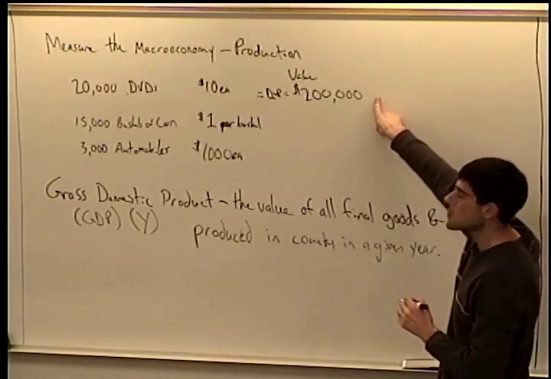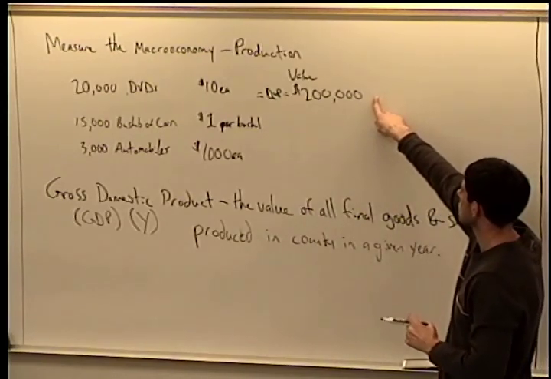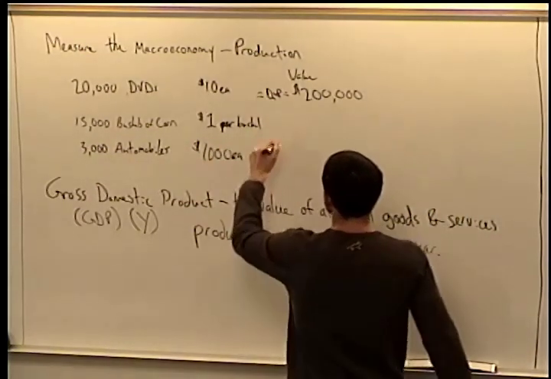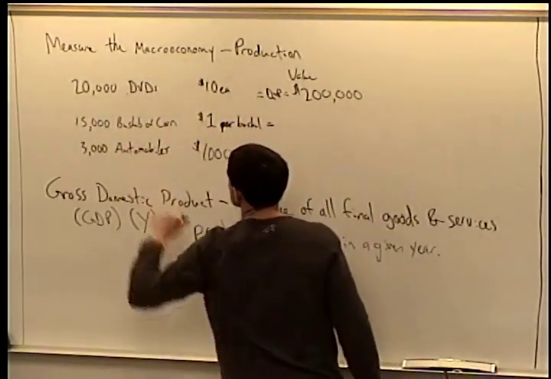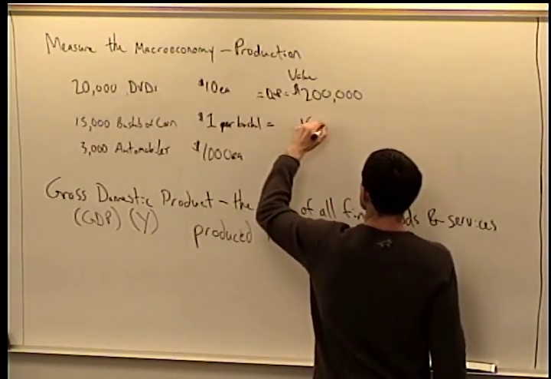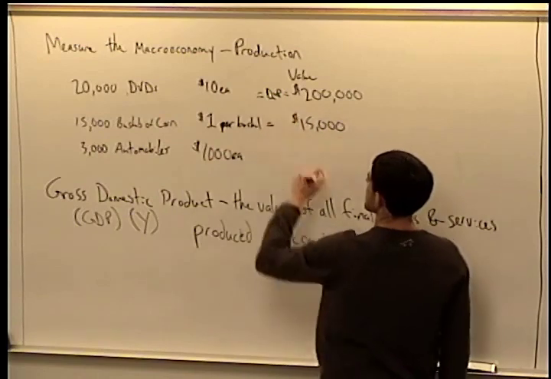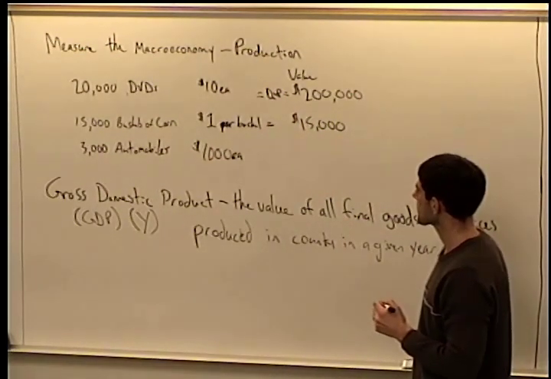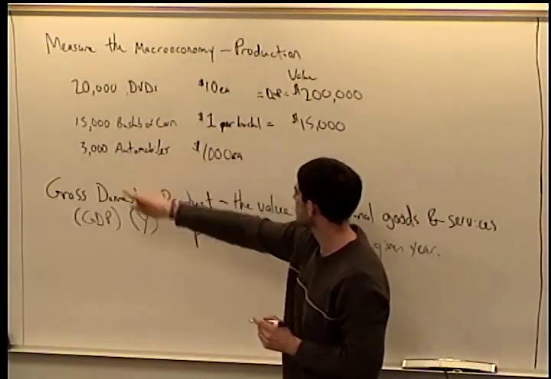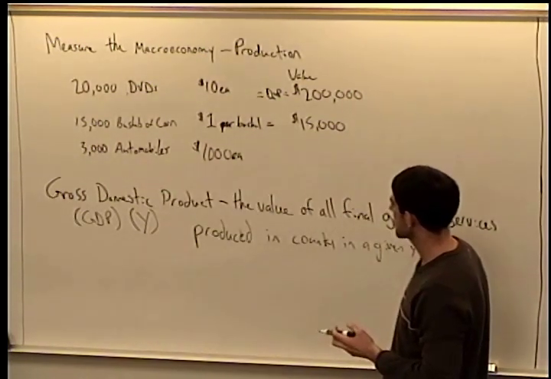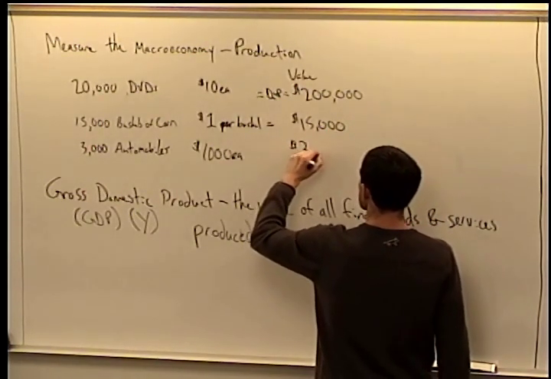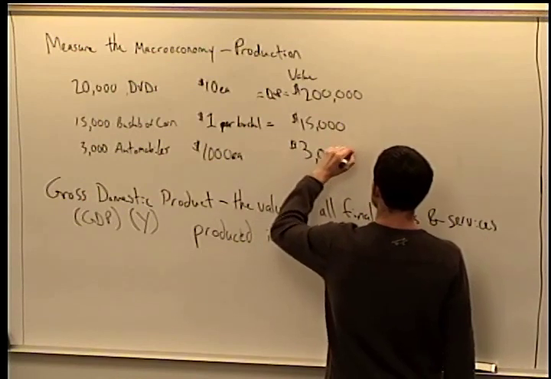So here the US produced $200,000 of value in DVDs. We add this together. 1 times 15,000 gives us that the US produced $15,000 of value in corn. And then lastly, 1,000 times 3,000 tells us that the US produced $3 million in value in automobiles.